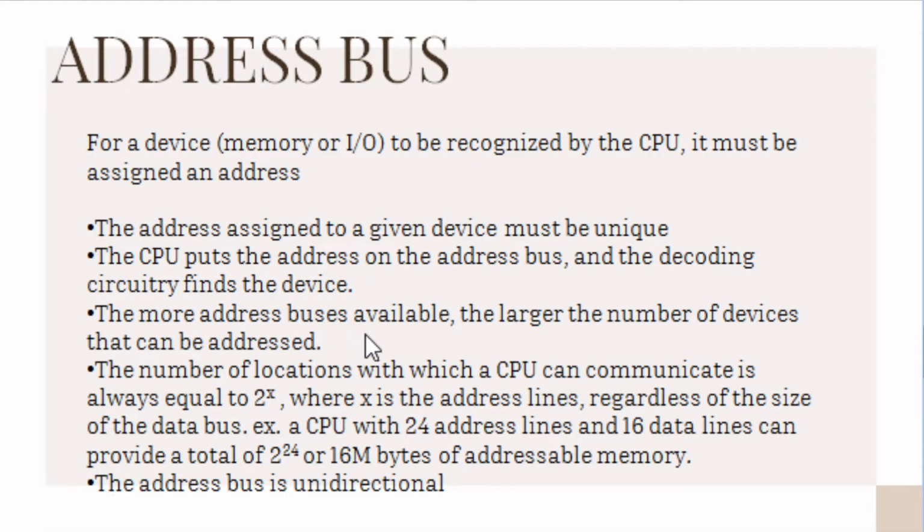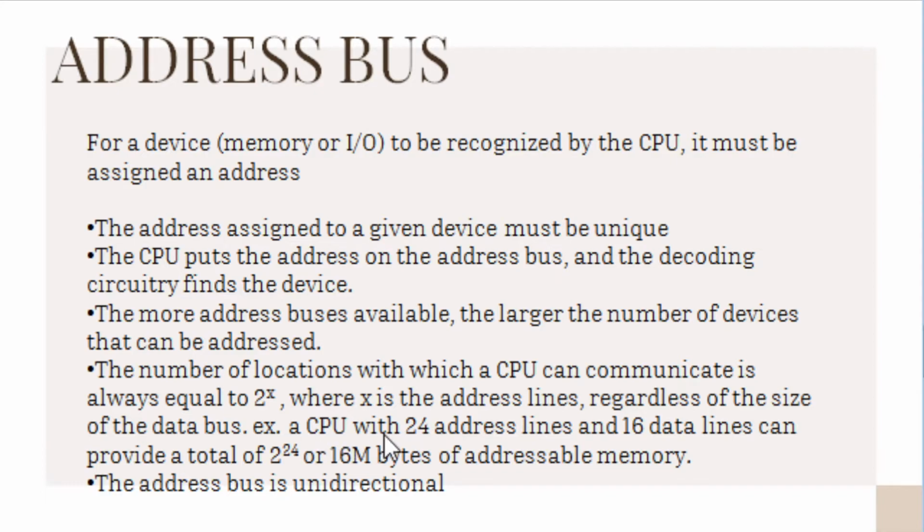The more address lines available inside a CPU, the larger the number of devices that can be addressed. The number of locations with which a CPU can communicate is always equal to 2 raised to x, where x is the number of address lines.